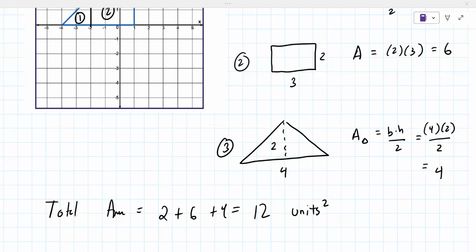Alright, so there's this one I like to go over before we pair it up.